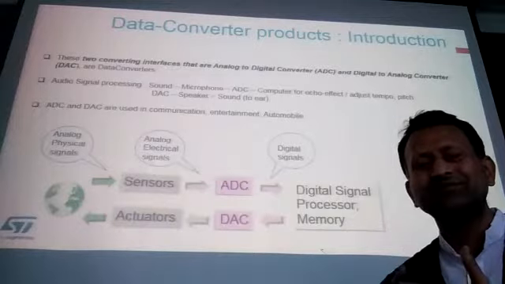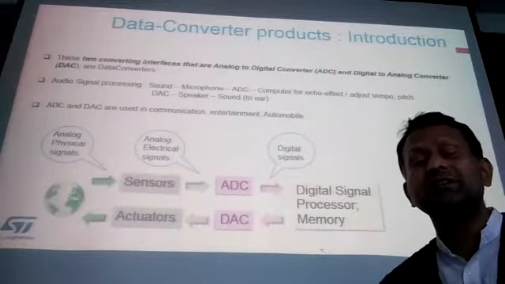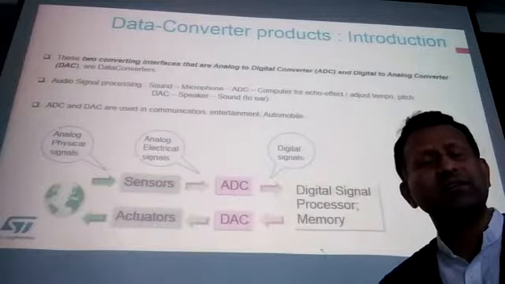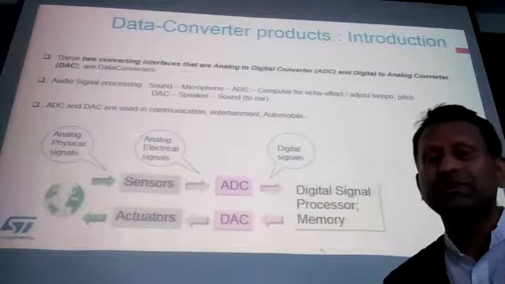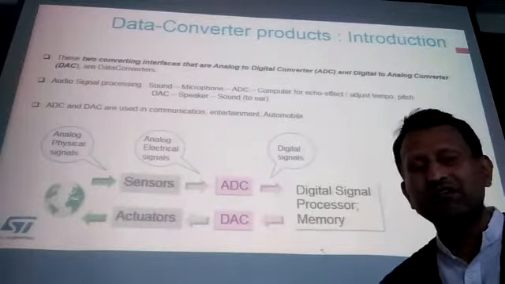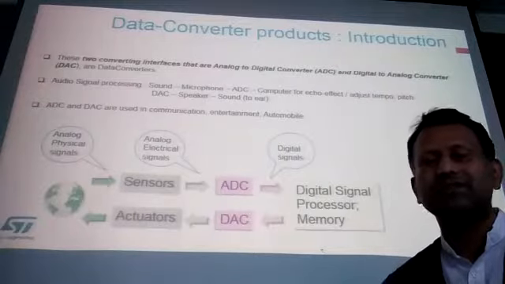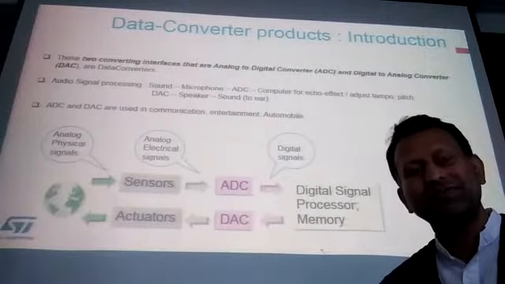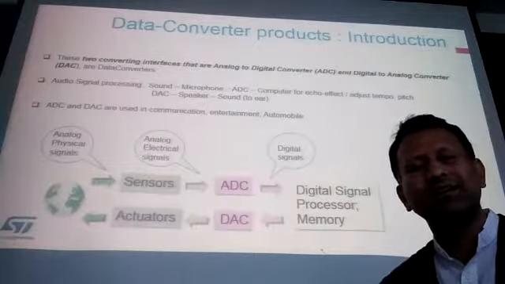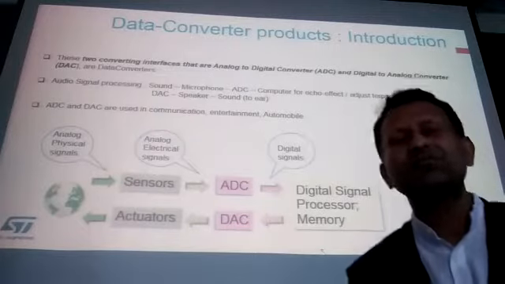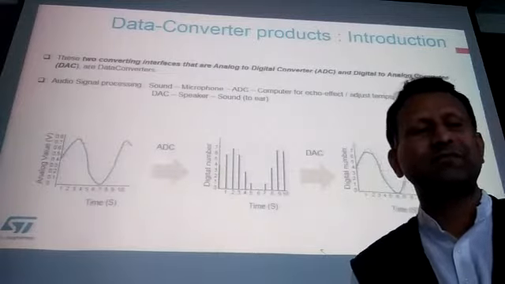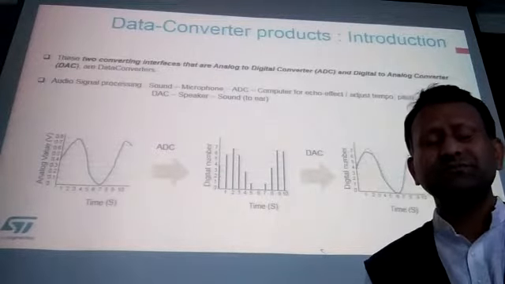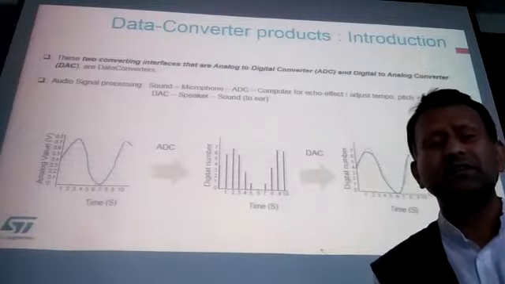First convert the sound into an electrical signal by a microphone, as we all know, and then the ADC converts it to a digital signal, and we do in the computer all the digital signal processing for echo effect, adjusting the tempo and pitch, etc. And then we convert it into an analog electrical signal by DAC, and then this analog signal is fed to the speaker, which is an actuator, and we listen with our ears.